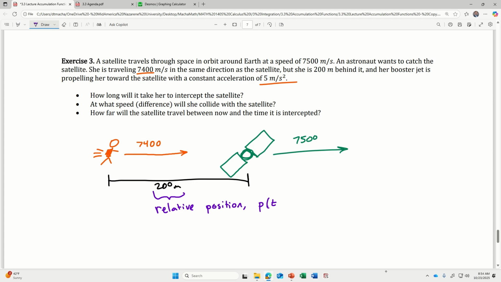We can call it p of t. The other thing I'm interested in is like, what's their relative velocity? Well, at the start of this whole experiment, their relative velocity is going to be 7,500 minus 7,400.